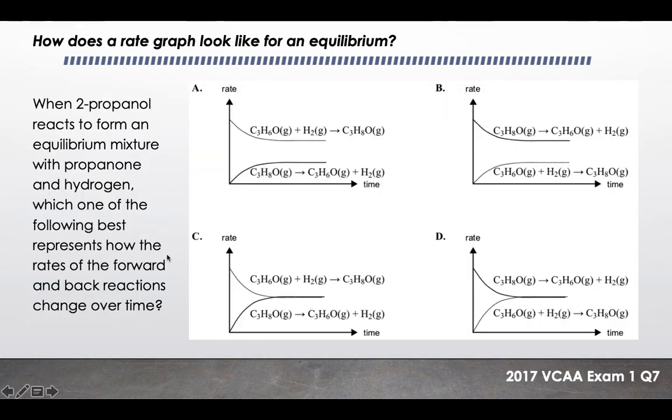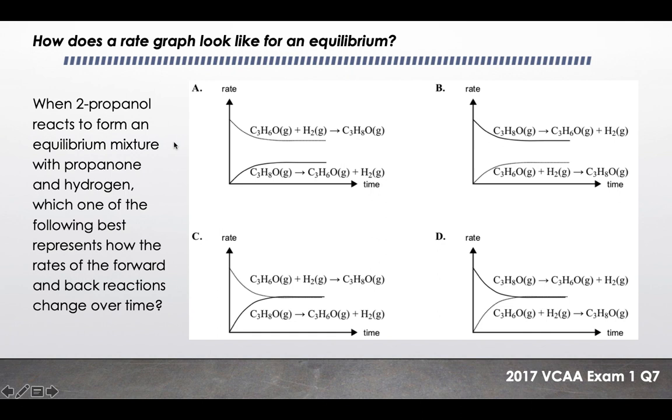So now let's have a practice. 2-propanol reacts to form an equilibrium mixture of propanone and hydrogen, and therefore a backward reaction will also happen. Which one of the following will best represent how the rates of forward and backward reaction change over time?